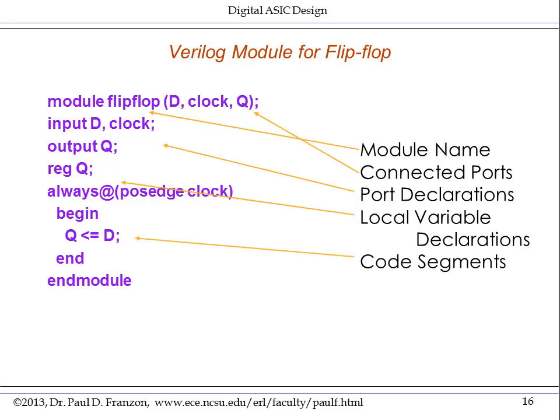We then have our code segments. Here we have only one code segment, a procedural block describing a flip-flop, but in practice we'll have multiple code segments. And one distinction in RTL is these code segments are all independent of each other because they are modeling the intrinsic parallelism of hardware.